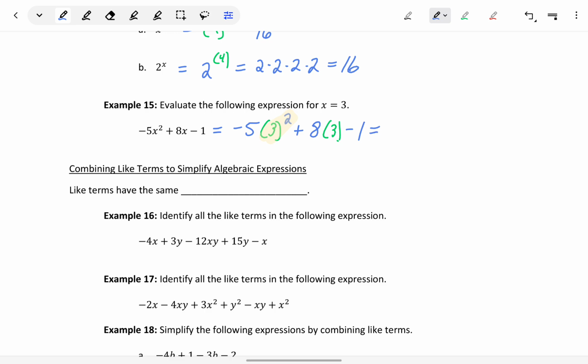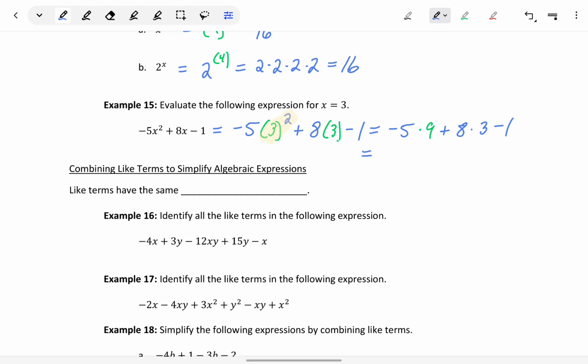Following order of operations, we'll first look for anything inside parentheses. We did substitute the 3 inside parentheses, but there's nothing else to simplify there. It's just 3. So we'll have negative 5, and then we'll evaluate 3 squared, which will be 9, plus 8 times 3 minus 1.